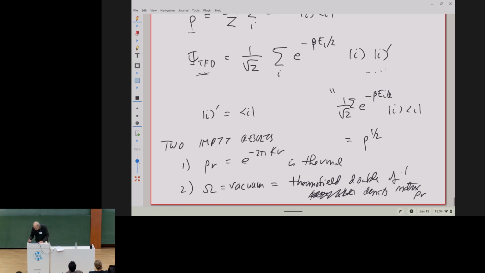So if you take the thermal density matrix rho_R, the corresponding thermofield double is simply the vacuum state in Minkowski space. So these, and various things we explained that are related to the first statement, I guess, are the important results about Rindler space and the Unruh effect.